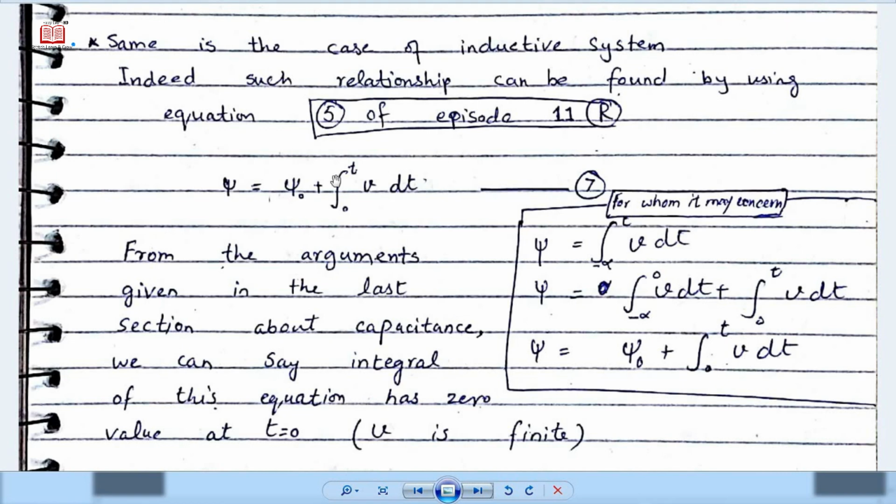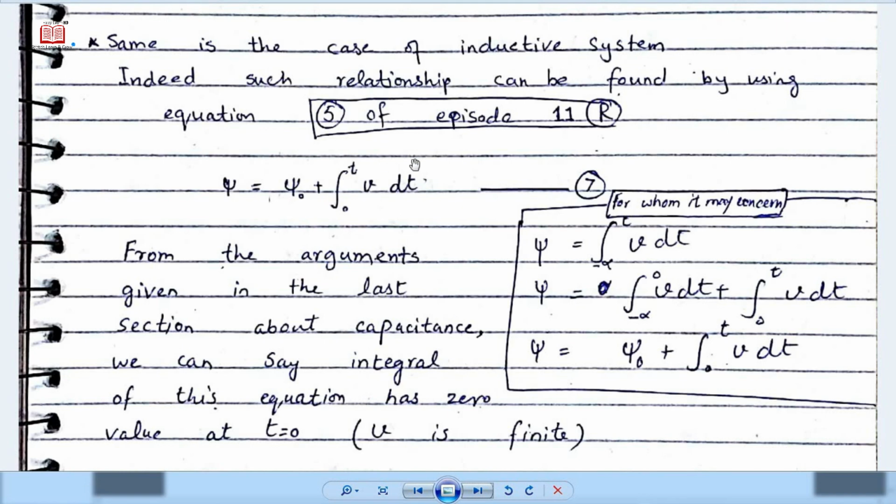So this is the overall equation, which we can replace with equation number 5, because we need to discuss all the parameters from the arguments given in the last section about capacitance, that CV can't be changed and the product can't be changed, Q is equal to CV. Keeping these arguments in mind, we can say the integral has a 0 value at time 0.